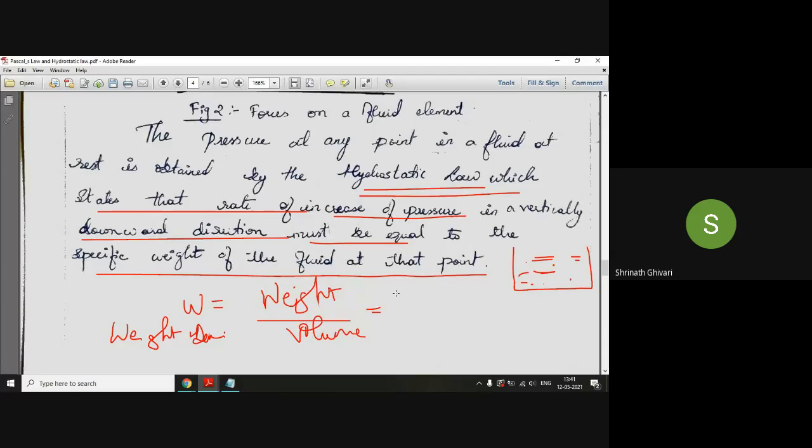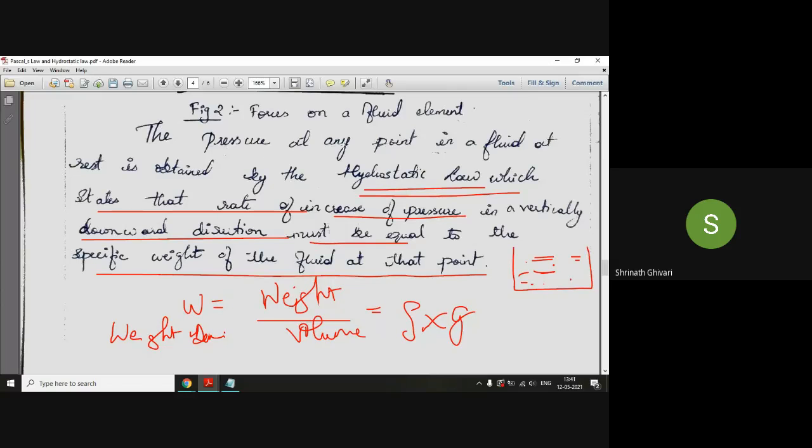There is one more formula for this. Which is that one more formula? It is rho into g. So w, specific weight, equals weight by volume equals rho into g.